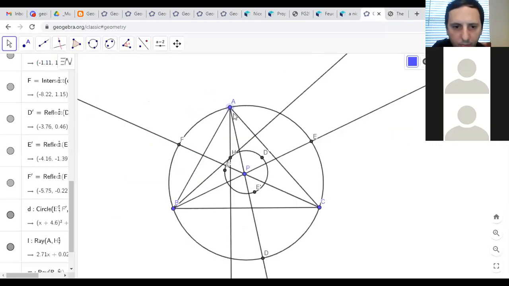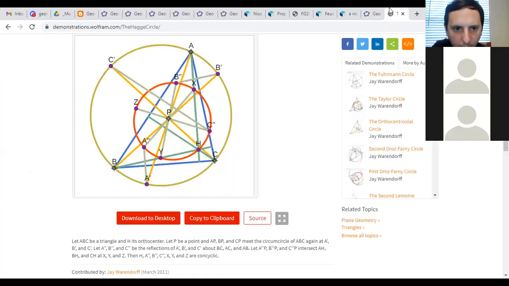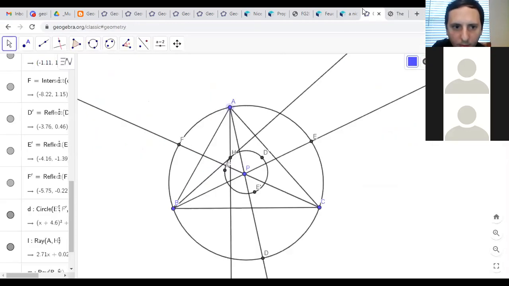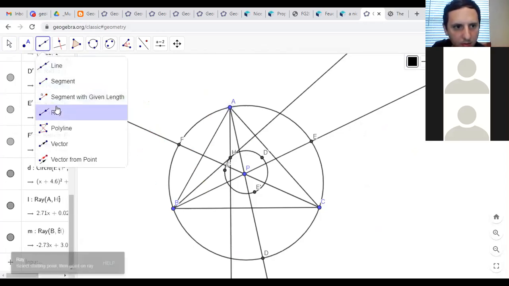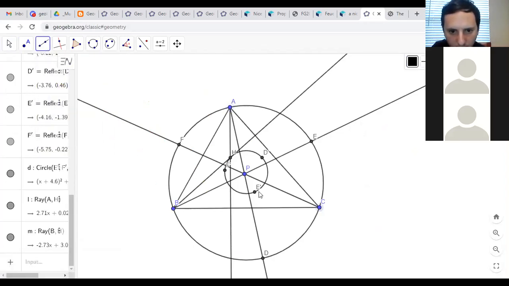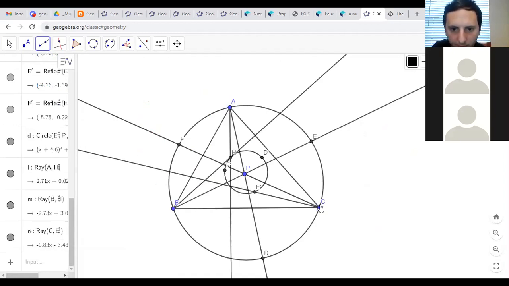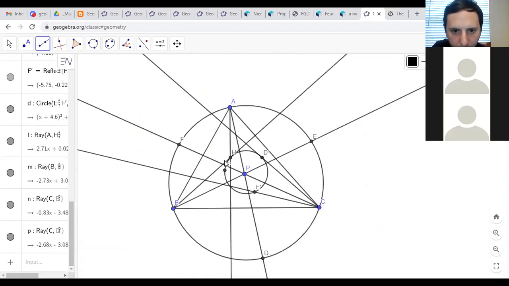Okay, so basically we draw the lines through P. What is this double prime? And X, Y, and Z. Okay, so it's saying a couple things. Wait, so we have CE prime.